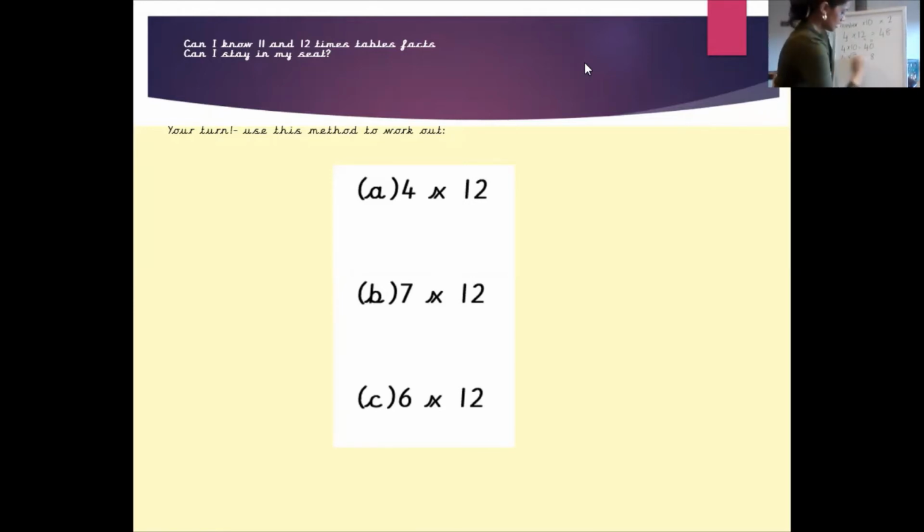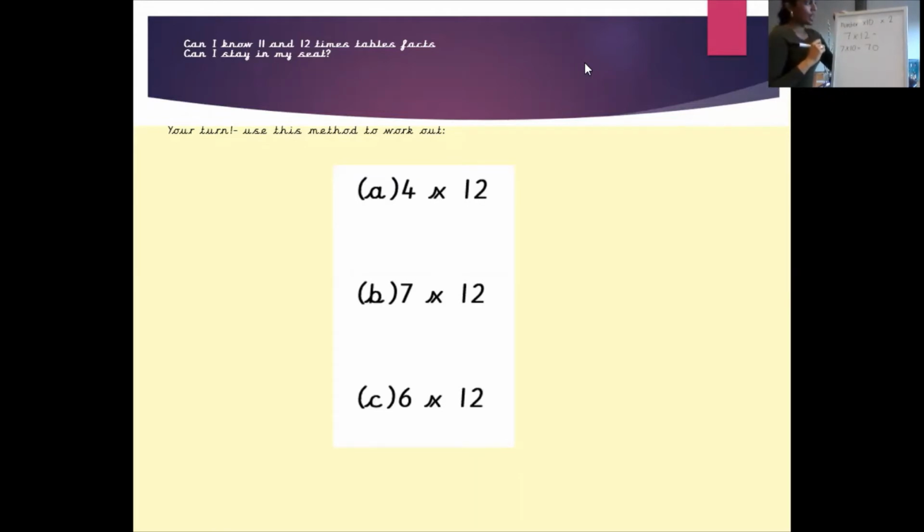Okay, let's move on to the next part. So 7 times 12 equals, the first thing I need to do is times 7 by 10. So 7 times 10 equals 70.